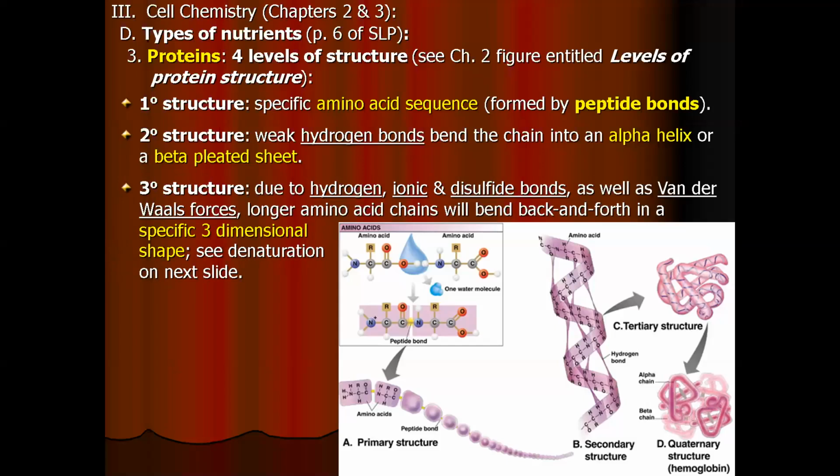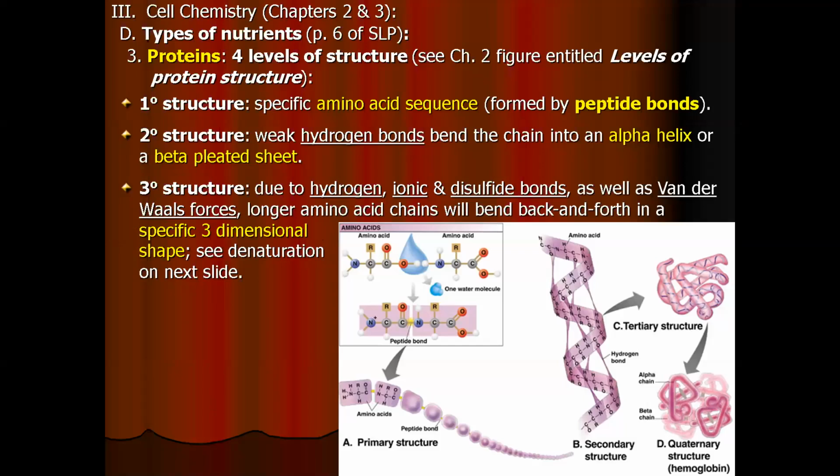And in this case, it would be not opposites, but like R groups, hydrophilic and hydrophilic, have an attraction. Hydrophobic and hydrophilic have a repulsion. And that helps to bend the longer chain. But this is what gives a large protein globule its specific 3-dimensional shape.